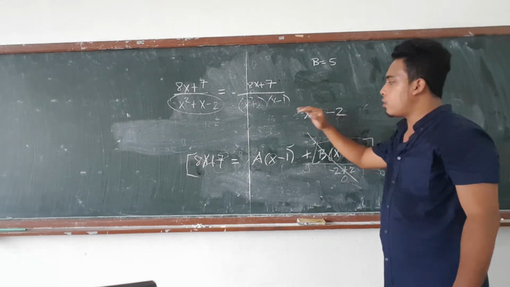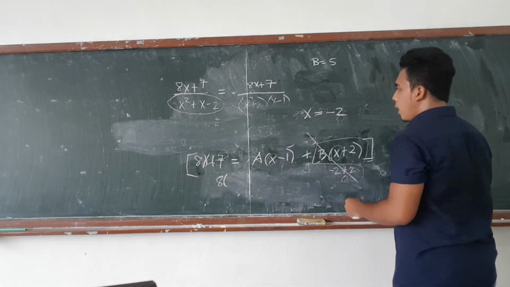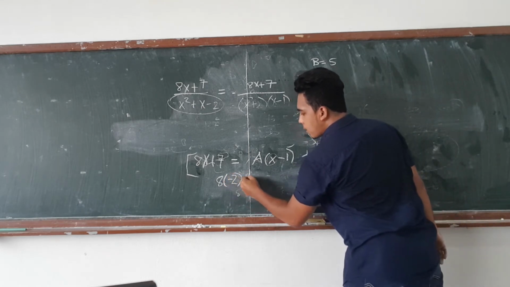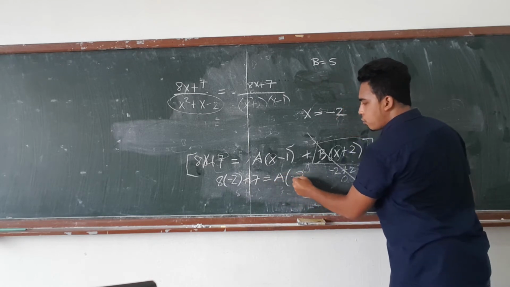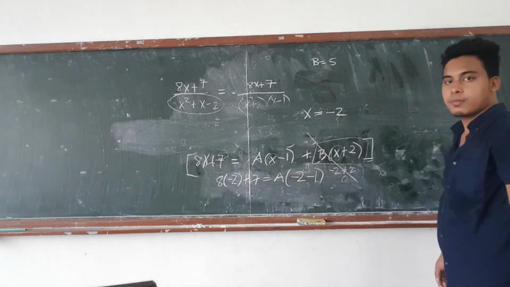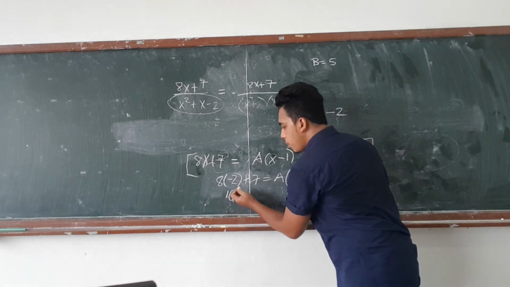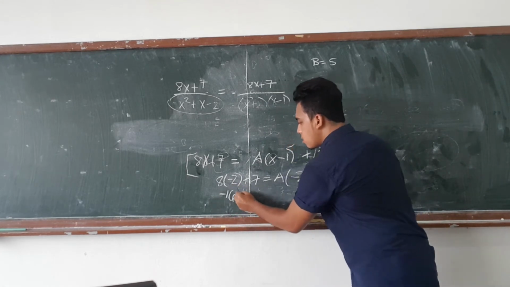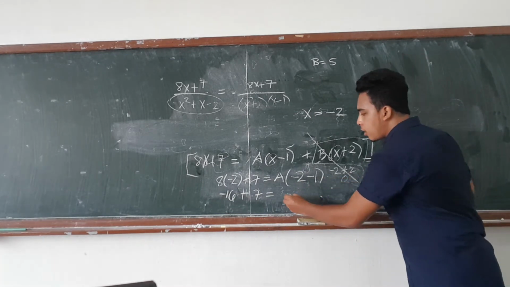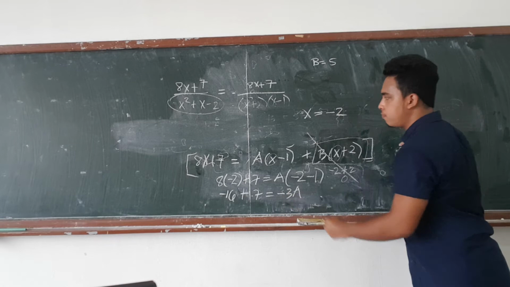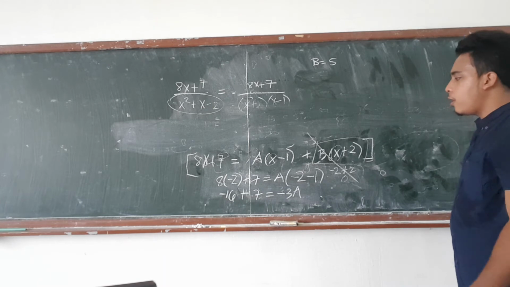So, let's substitute the value of x. 8 times negative 2 plus 7 equals a times negative 2 minus 1. So, 8 times negative 2 is negative 16 plus 7 equals a times negative 3, that is negative 3a.